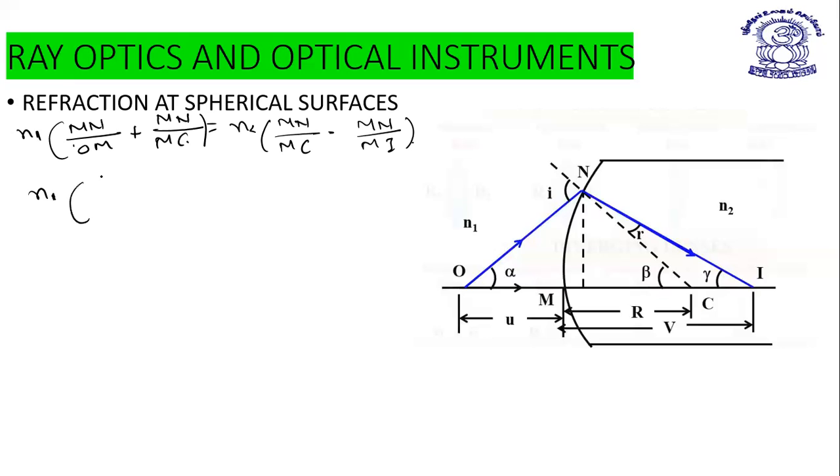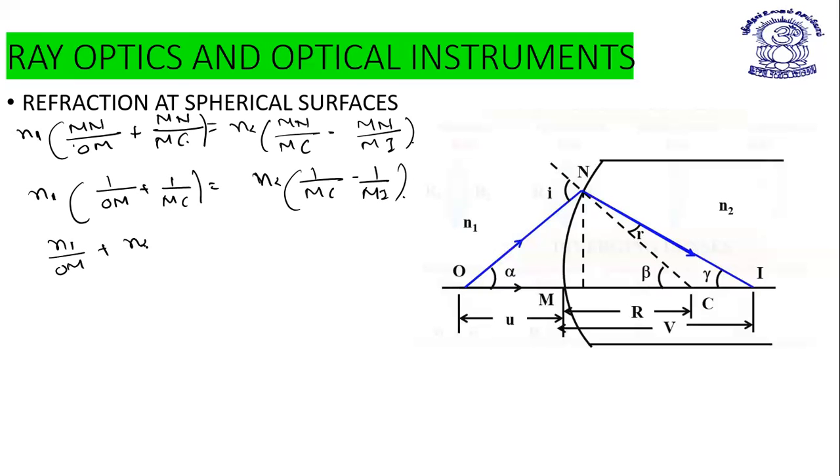So N1 into 1 upon OM plus 1 upon MC is equal to N2 into 1 upon MC minus 1 upon MI. Rearranging, N1 by OM plus N2 by MI is equal to N2 minus N1 divided by MC. Let's say this is equation 1.